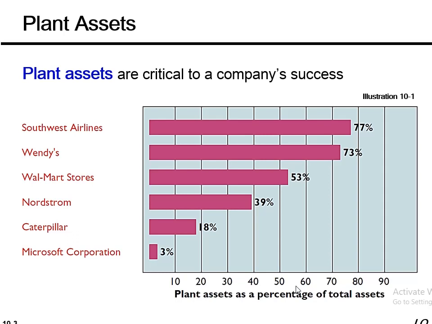So here's an example for you: Southwest Airline, out of their total assets, has 77% assets as plant assets. Wendy's has less than Southwest Airline. If you see the last company, that's Microsoft Corporation, which mainly deals with software. So they have only 3% of plant assets because they don't manufacture anything.